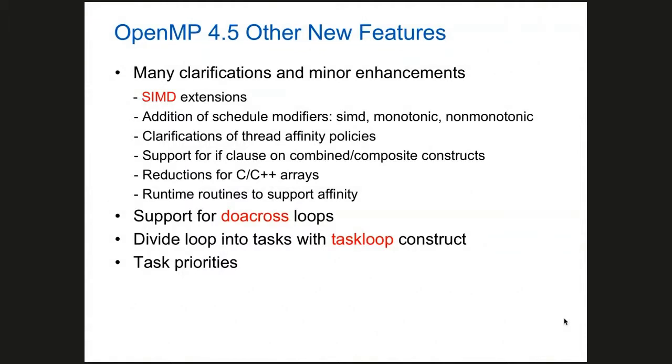And in addition, there are many clarifications and minor enhancements to what was proposed in 4.0, like the SIMD extensions, lots of schedule things, and the support for the new C++ and Fortran versions.